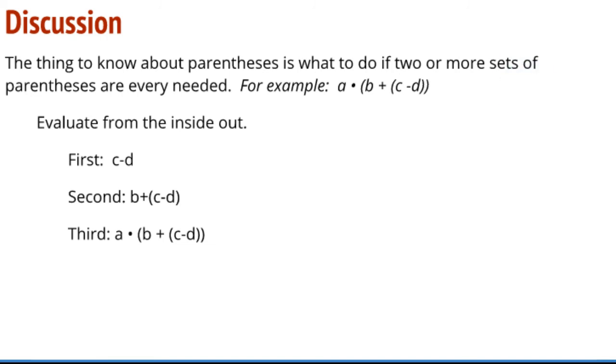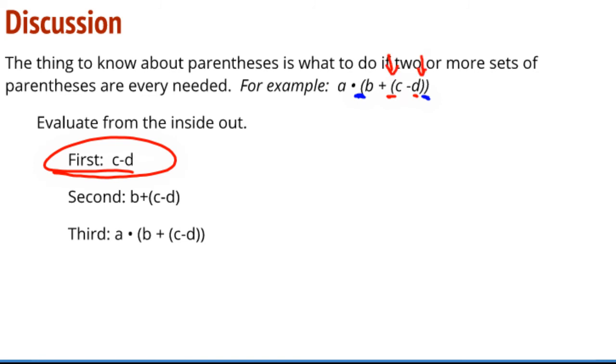So something else to know about parentheses. What happens if there's 2 sets of parentheses? So for example, in this problem, I've got this paired with this, and I've got this paired with this. Well, when we have more than one set of parentheses, we start from the inside out. So the very first thing we do is we find the parentheses that are the most inside, which is this one and this one.